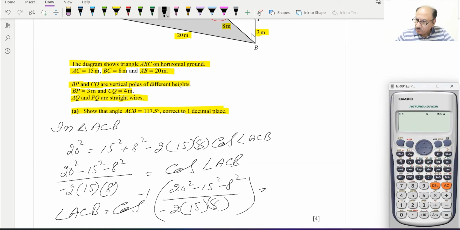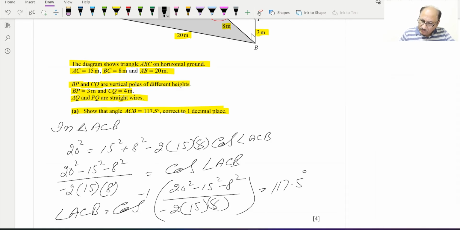So shift cos of fraction 20 square minus 15 square minus 8 square divided by minus 2 into 15 into 8, and bracket closed, and this is equal to 117.5. Basically this was the requirement of the question, which we have done, and this is for 4 marks.